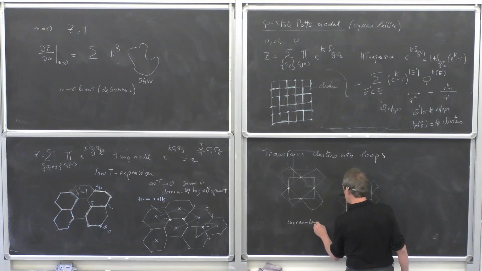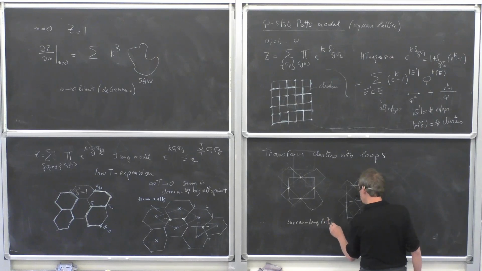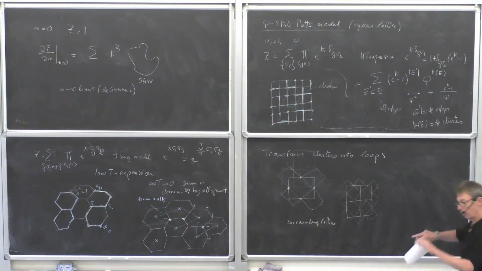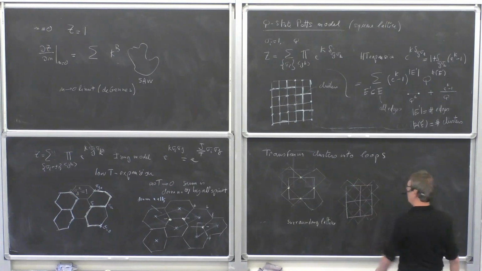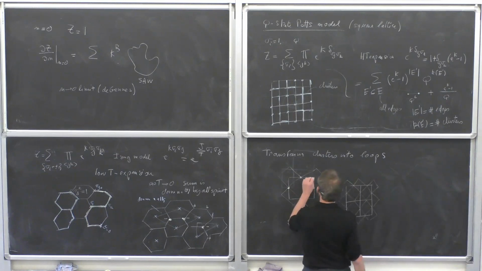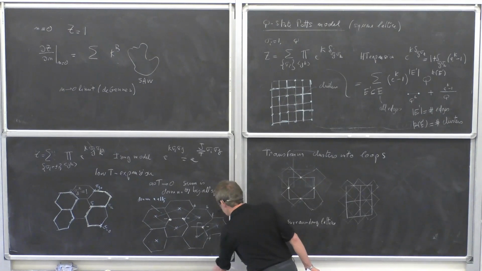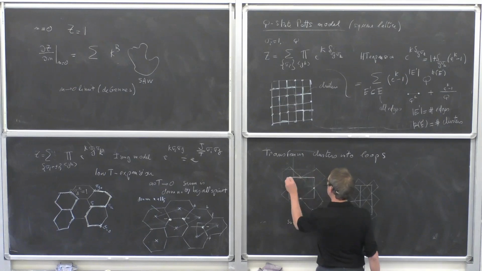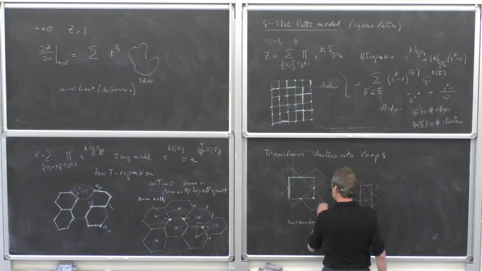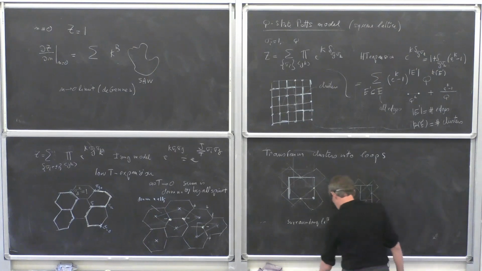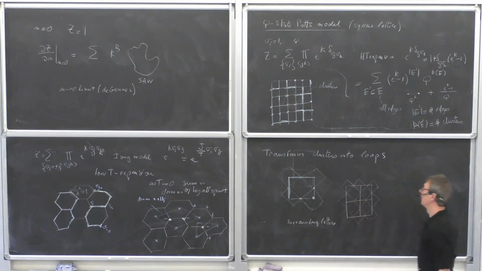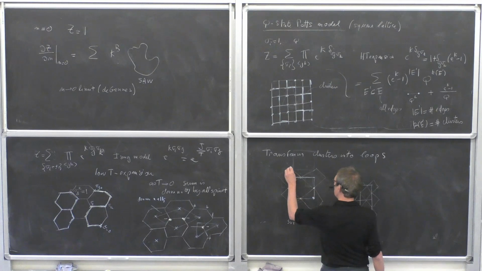Its vertices, again, sit on the edges of the original lattice. And then when you look at the boundary, you close things any way you can. So you can think of these as independent vertices or not. It doesn't really matter. The point is that now, if we have a cluster on the original lattice, so this is a cluster configuration on the original lattice, we're going to associate with it what's called a polygon decomposition of the surrounding lattice.